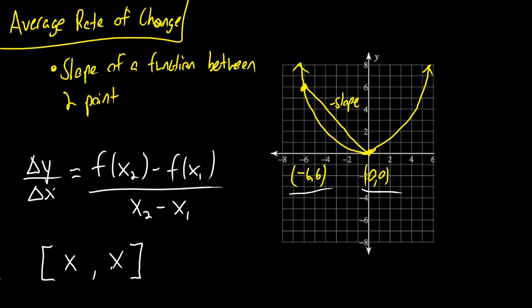And you're always going to have the lesser x value on the left and the greater x value on the right. So this is always going to be x1, this is always going to be x2. Okay, and that's over your interval. So all you gotta do is just plug these numbers in and evaluate. So let's do that and hop into an example.